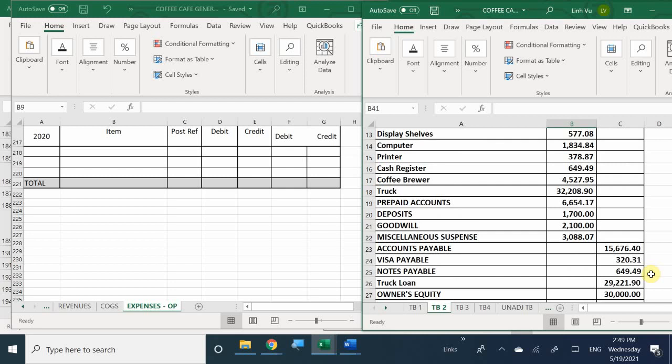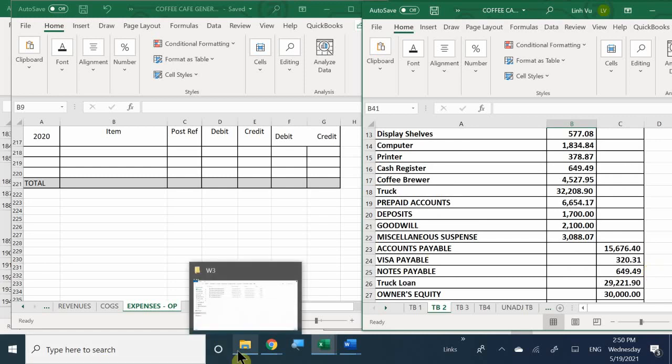But if you are working on your own, unfortunately, you would have to go back to your journal first, check your ledger to see if you made a fat finger mistake or forgot to enter something. That is exactly how you'd locate your discrepancy.